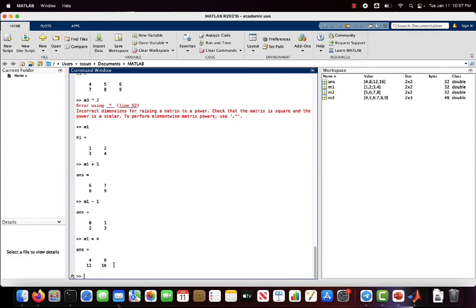And this time you don't need to use dots, as you can see, because the right side of the operator is scalar. That means the operation will be scalar. But if you try to multiply two matrices, you need to write a dot for the element-wise operations.